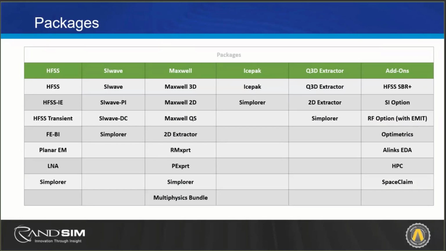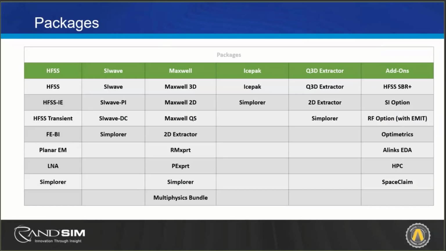The incorporation of an HPC allows for more cores to be used, and the first HPC pack allows the addition of 8 cores. So if I have HFSS and I purchase an HPC, I can now use 12 cores during my simulation, which, again, speeds up time significantly and is a great inclusion to the process while I'm using these simulation tools.